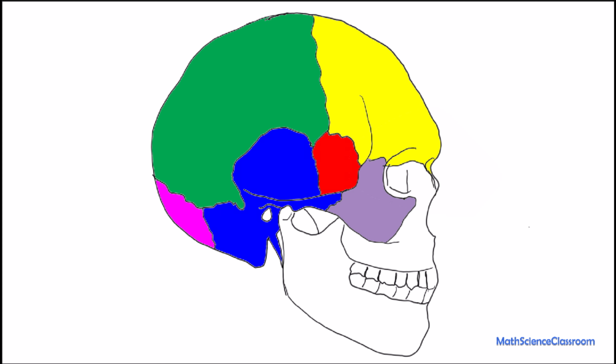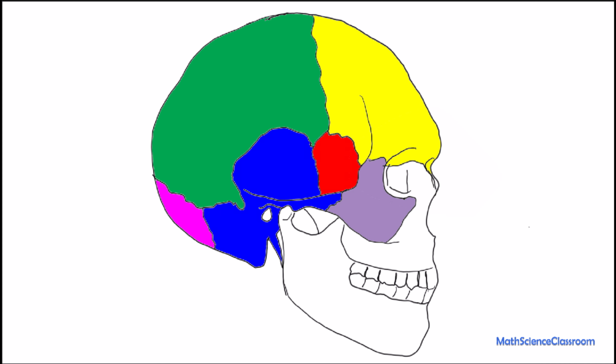Now there are a couple of other bones that we will talk about using the lateral view, and then we'll move to the anterior view and get another view of them, possibly a better view, but I'd like to first identify them in the lateral view.